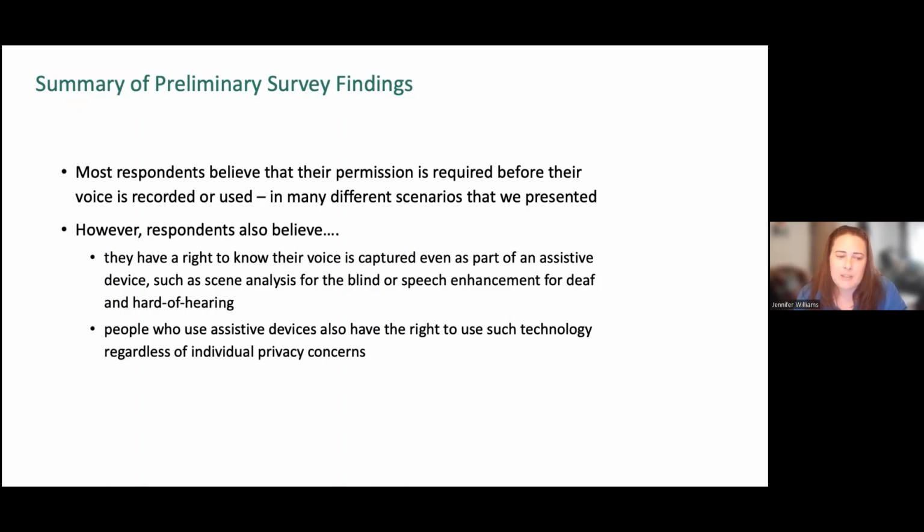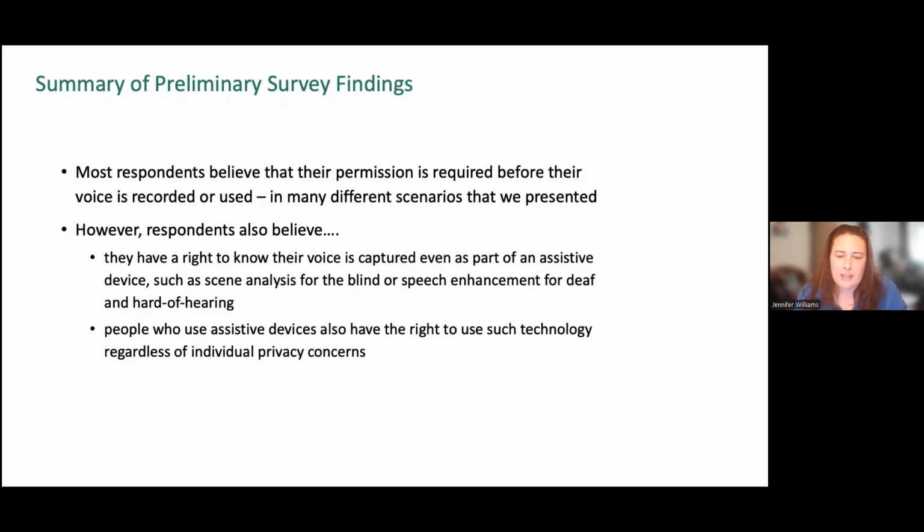But respondents also believe that they have a right to know if their voice is captured, even if it's part of an assistive device, for example, scene analysis for the blind or speech enhancement for the deaf and hard of hearing. So in scene analysis, you'd have an AV system that would translate the visual information into audio.